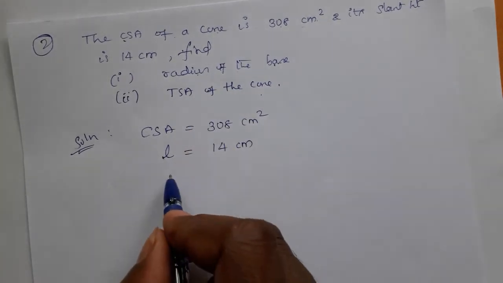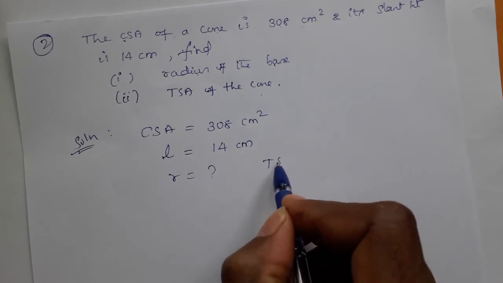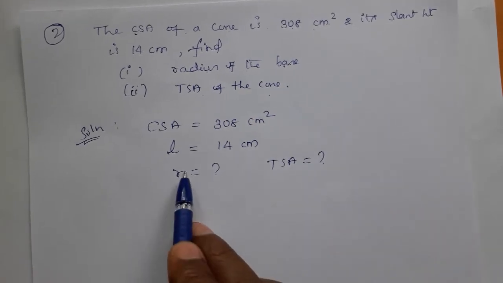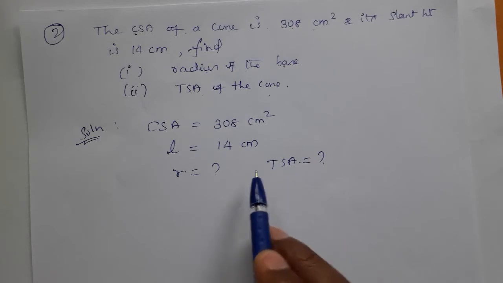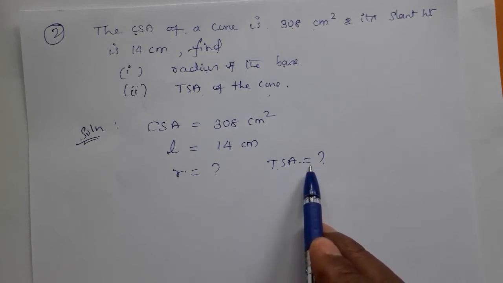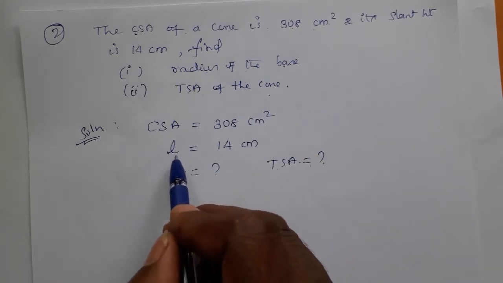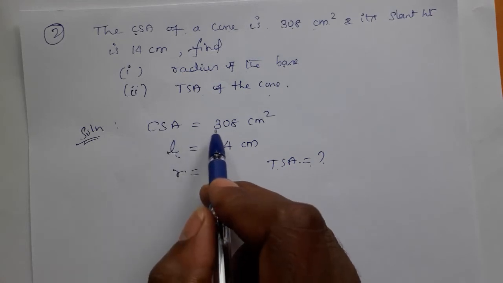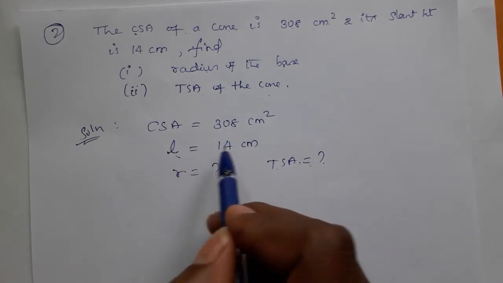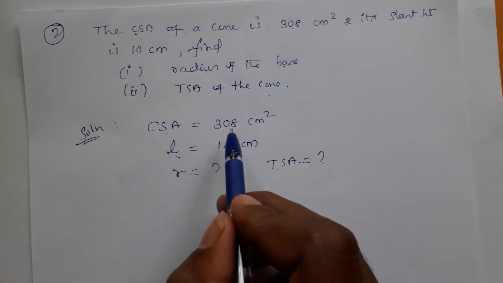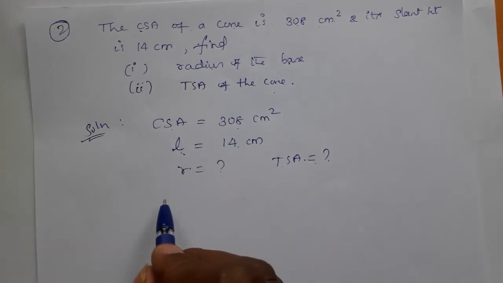Radius is unknown, so total surface area is also unknown. We cannot go to the total surface area formula directly. As I told you, whatever is given, that formula you use. For slant height there is no formula, but curved surface area is given, so of course we will use that formula.